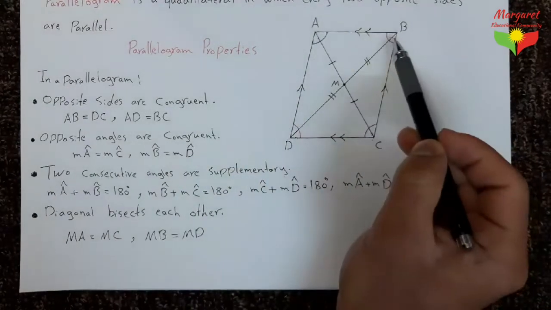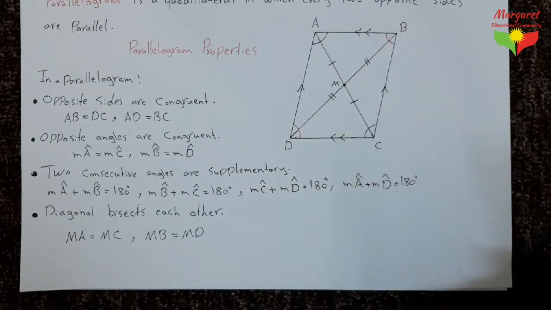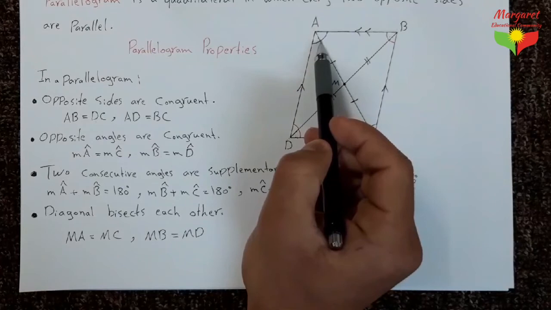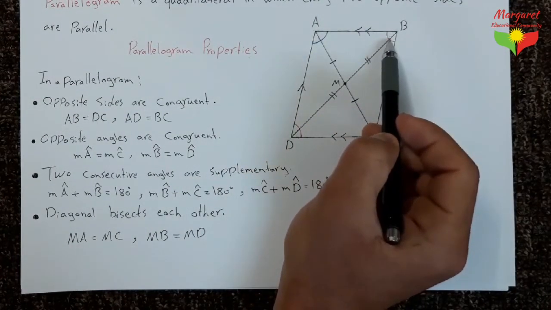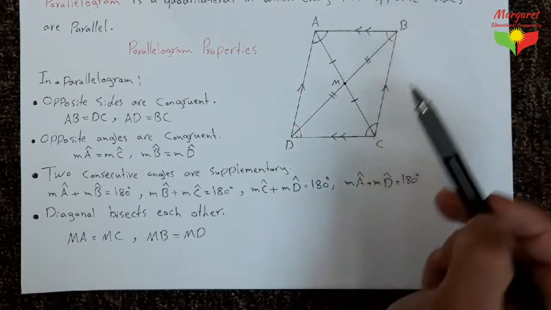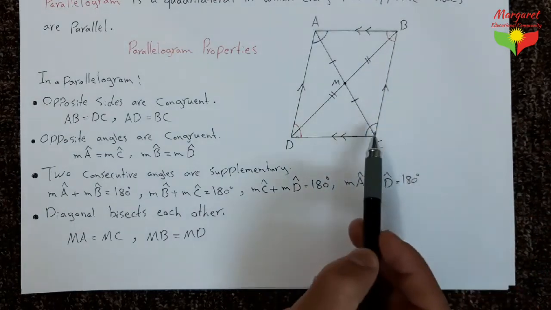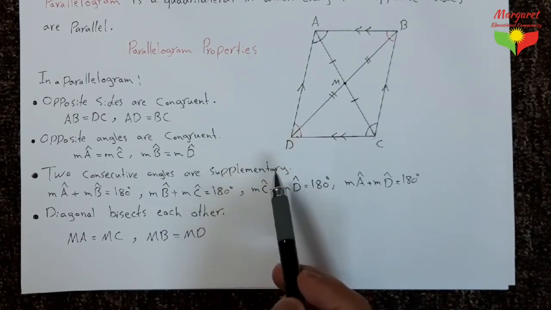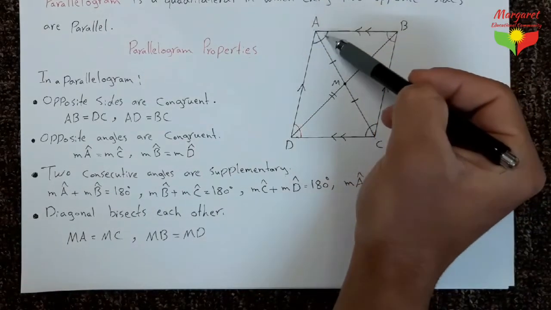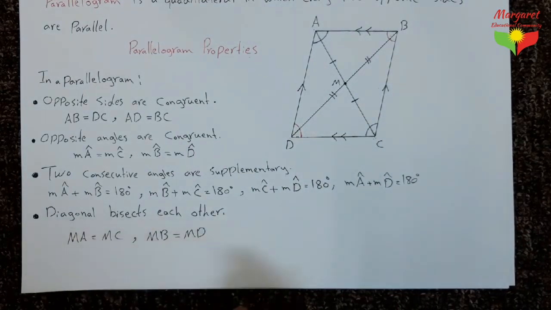For example, in this figure, measure of angle A plus measure of angle B equal to 180 degrees and measure of angle B plus measure of angle C equal to 180 and measure of angle C plus measure of angle D equal to 180 degrees and measure of angle A plus measure of angle D equal to 180 degrees.